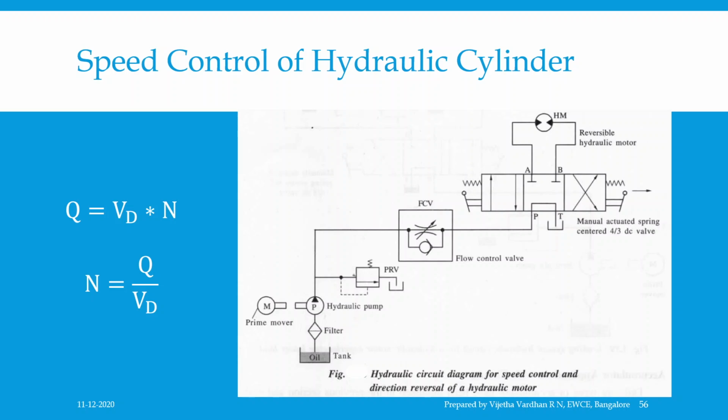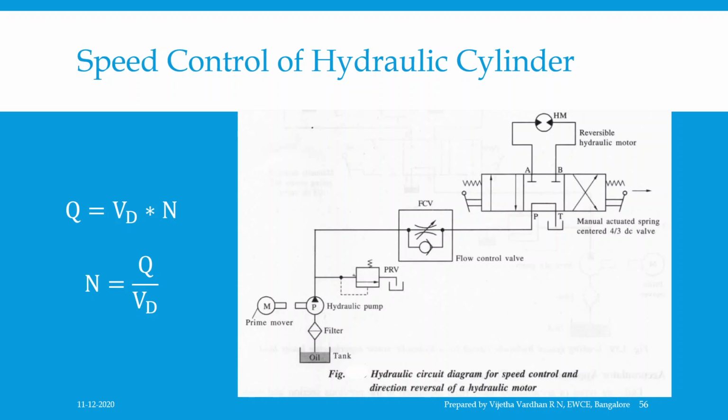In the center position of the direction control valve, no flow takes place into the motor and the motor is hydraulically locked. When the direction control valve is actuated to the left, manually using the lever, flow takes place into the motor HM through the ports P to A and the motor rotates in one direction.